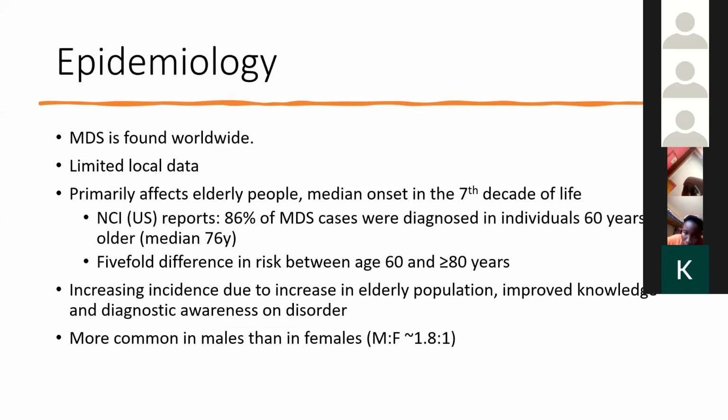The median onset is the 7th decade of life. And the National Cancer Institute in the US reports that 86% of MDS cases were diagnosed in individuals 60 years or older, and that the median age of diagnosis was 76 years.